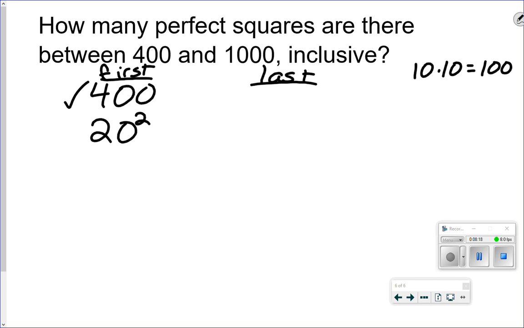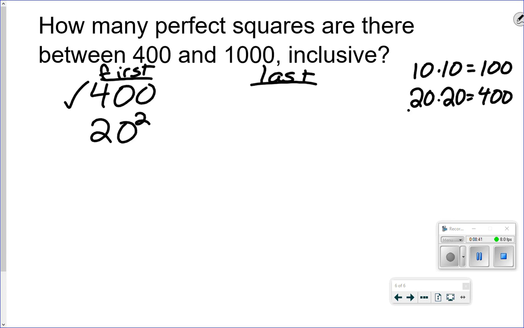So we know we need something bigger than 10. In fact, we know we need something bigger than 20 because that's 400. So what we're trying to do is figure out the biggest perfect square that would be in this group. So we need a perfect square that's close to 1,000, as close as possible, but still under, not over.